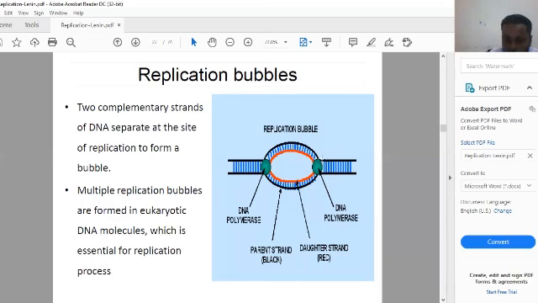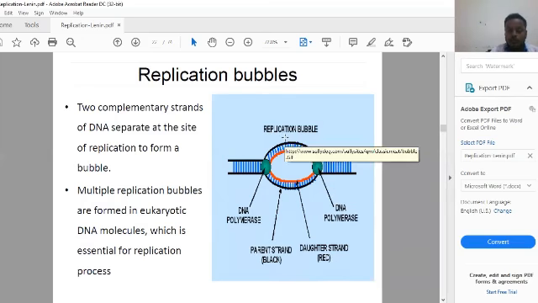This is the DNA polymerase enzyme, which acts at the start of the replication bubble process. The parent DNA is black and the red color is daughter DNA.